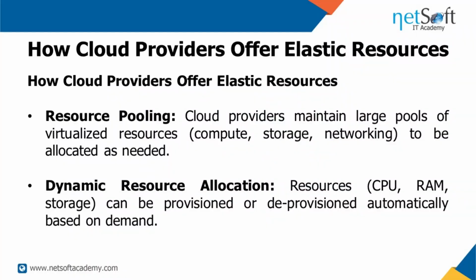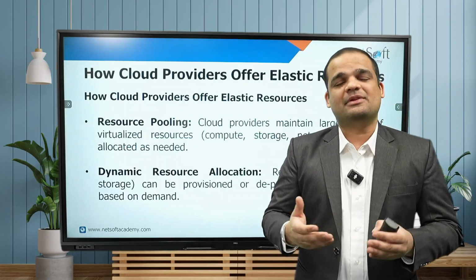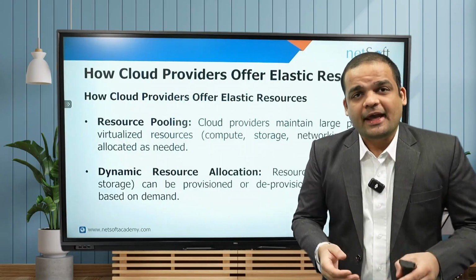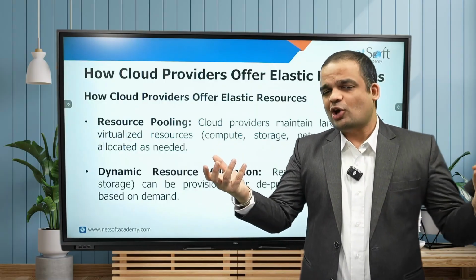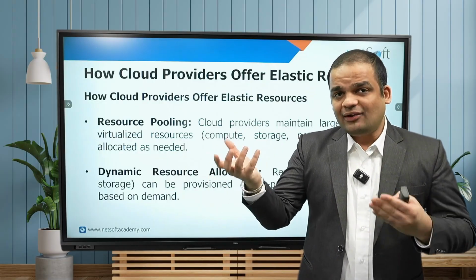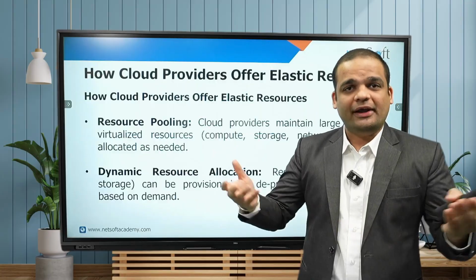The next one is dynamic resource allocation. Cloud resources like CPU, RAM, and storage can be provisioned or even deprovisioned automatically based on real-time demand. So, if you are using a chunk of resource, when you stop using it, that resource can be used by someone else.